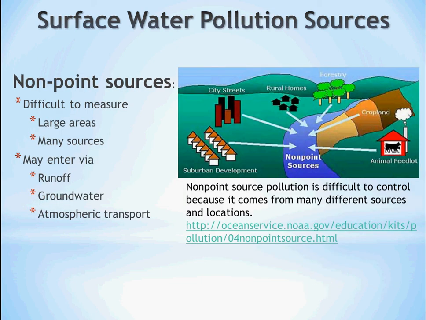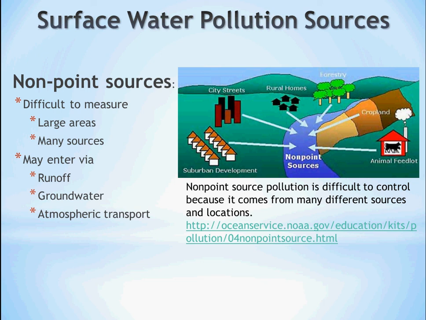The more difficult situation is non-point sources, and I think Amanda also touched on this a bit in her talk last Tuesday. Non-point sources are more difficult to measure because they come from a large area with many sources, things like agricultural runoff, urban runoff.